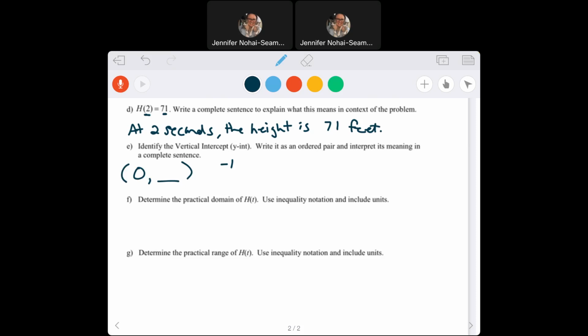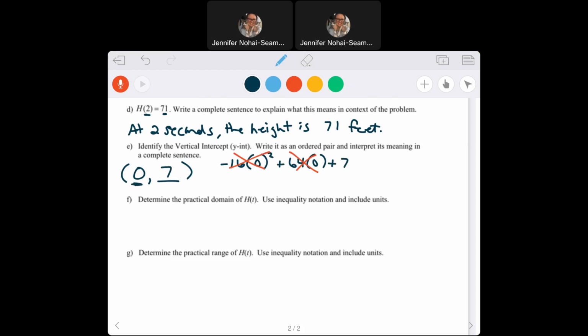So we had negative 16, we'll put 0 in for the t, plus 64 times 0 plus 7, I believe is what it was. And so these first 2 terms, they cancel out to 0, and so we end up with a 7 as our coordinate. Right? So we have that, and then interpret its meaning.